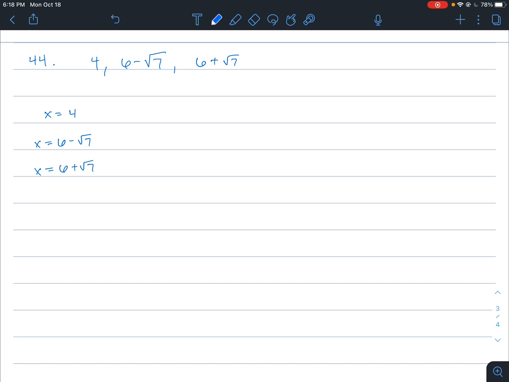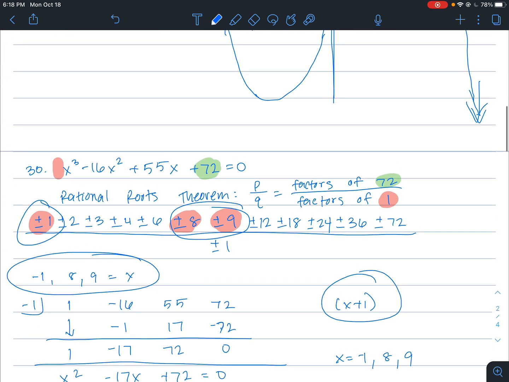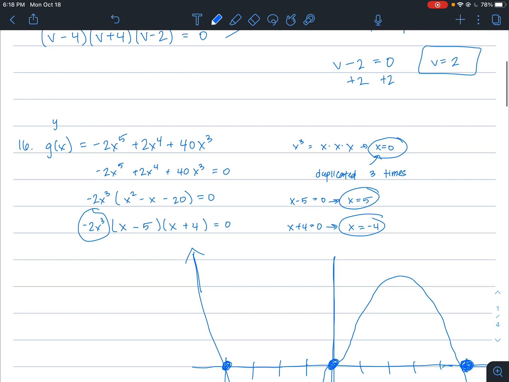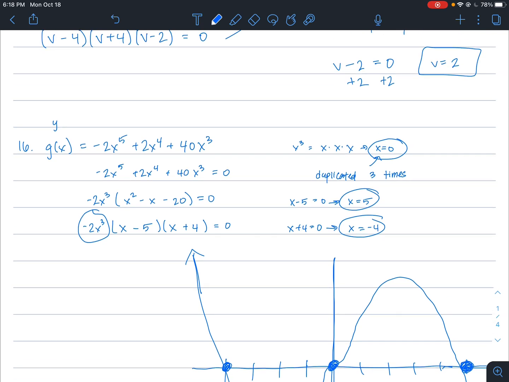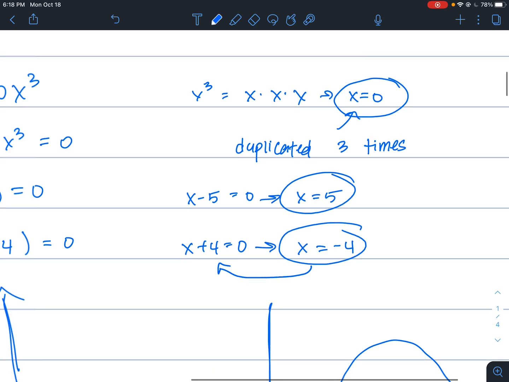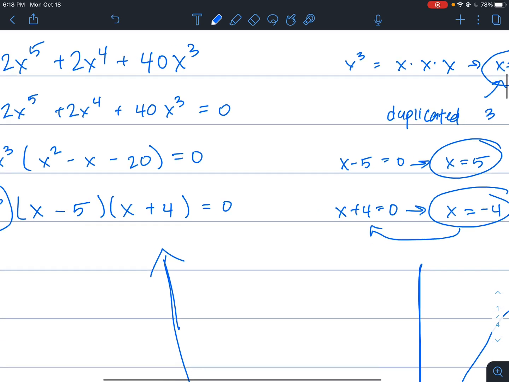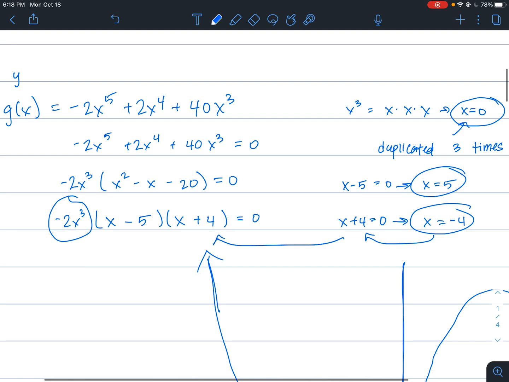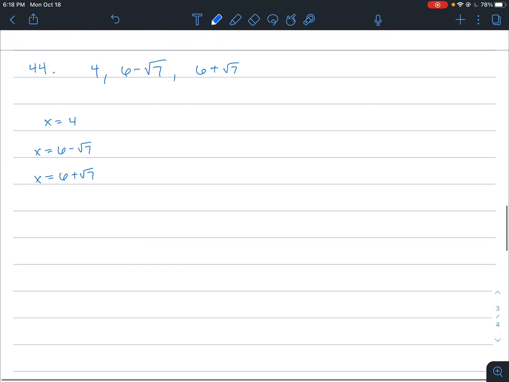These are the solutions. Well, let's just work backwards, like we did in previous problems. Let's set these equal to 0, set these up as factors, multiply, and get our original polynomial.